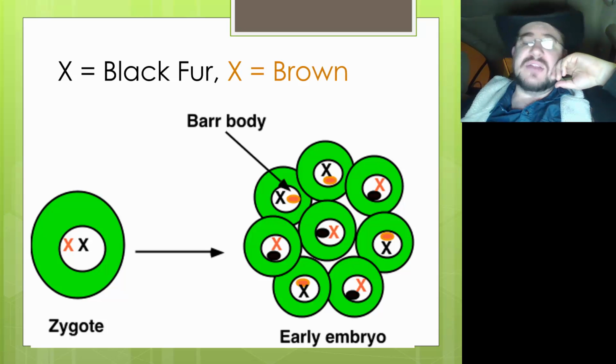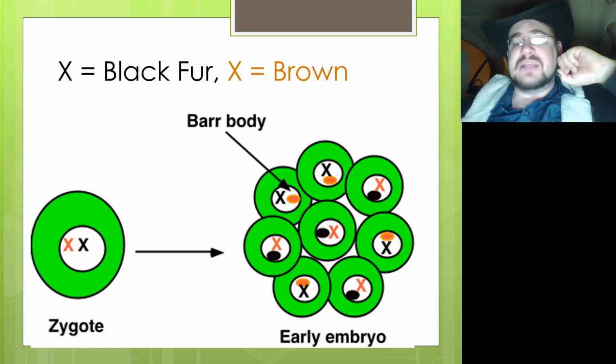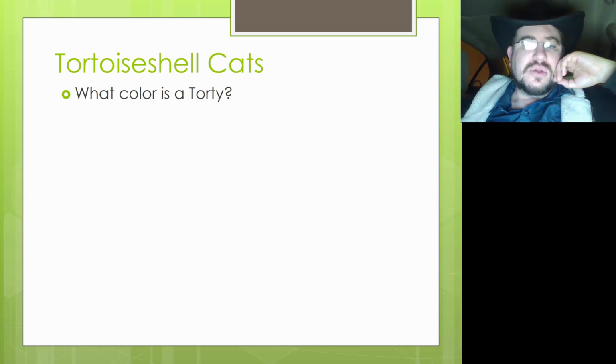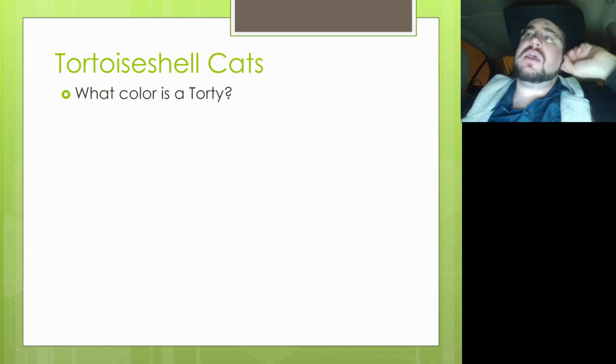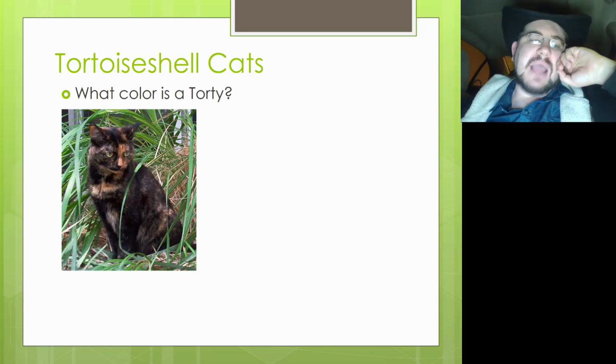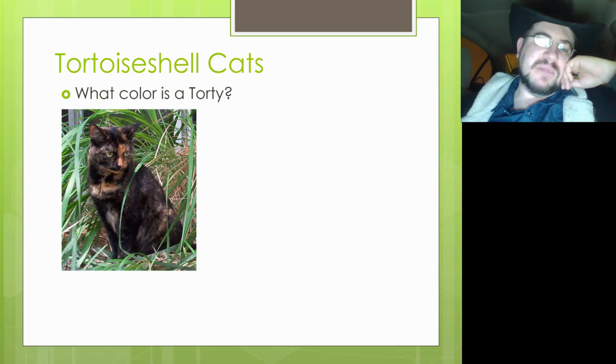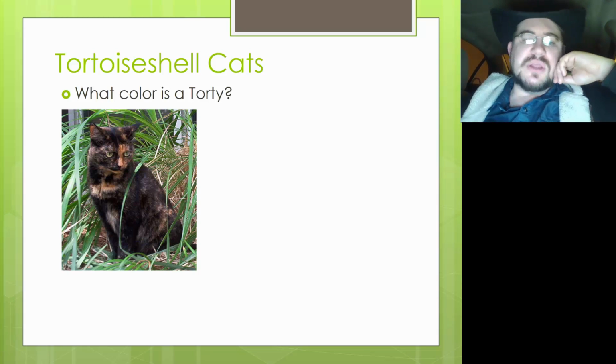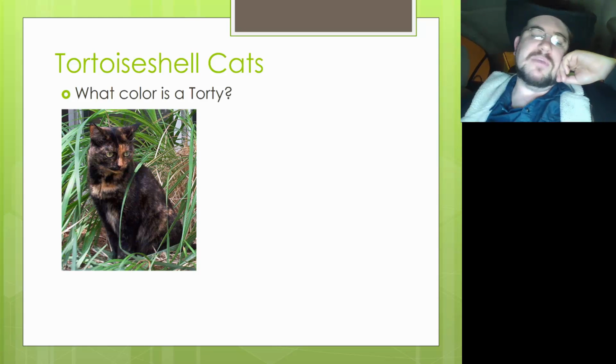different skin cell lines are derived from different embryonic cells that had a different Barr body, and what you get are torties. What color is a torti? A mix of black and brown fur. Appears orange to a lot of people. I would call it orange, but that's considered the brown fur. So there's a torti, and you can see that the pattern is almost random. You would be very hard-pressed to find two torties with the exact same pattern.